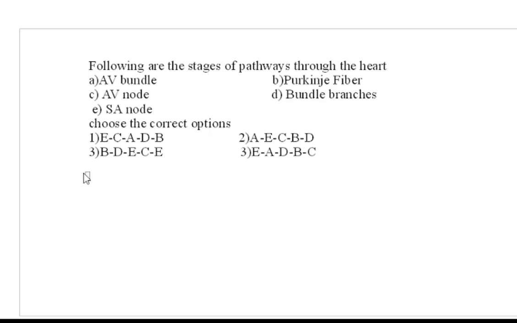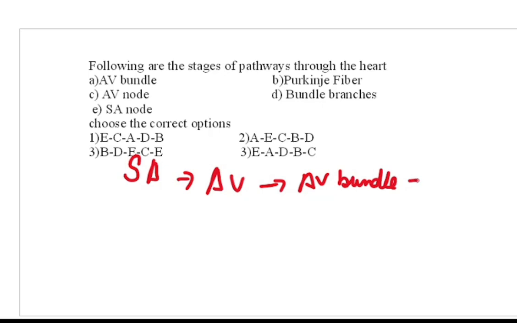First comes the sinoatrial node. Then there is the AV node. Then the AV bundle. Then the bundle branches, also known as the bundle of His.